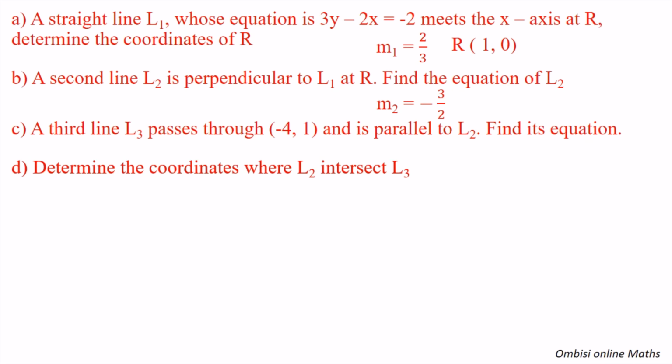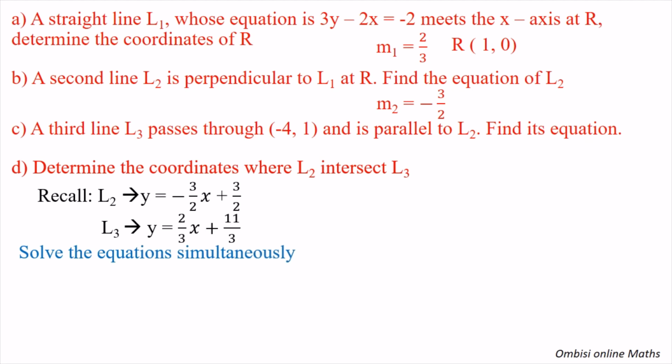So you equate the two equations and solve them to find the value of y and x. Now, recall that line L2 is y equals negative 3 over 2x plus 3 over 2. And L3 is y equals 2 over 3x plus 11 over 3.